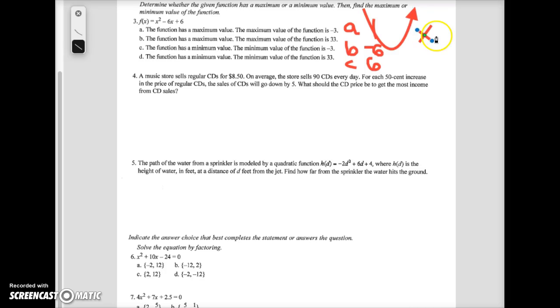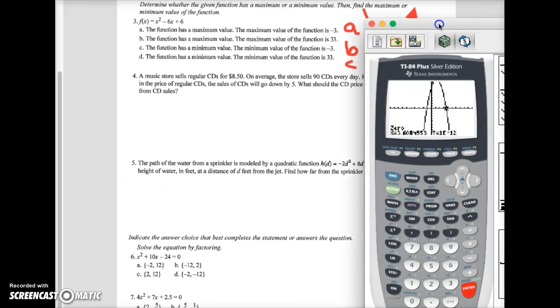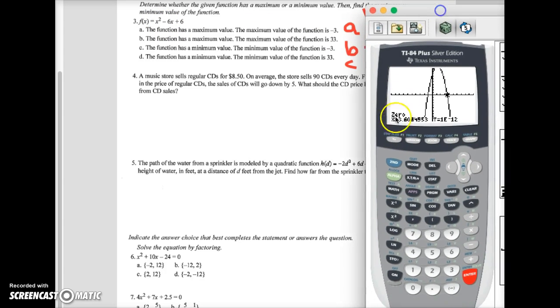Your x value is going to be, let's see, negative b would be the opposite of negative 6, so positive 6 divided by 2 times 1. 6 divided by 2 is 3. So x is 3. And then to find the minimum value, what we need to do is take 3 and plug it in the equation. So I'm going to come back over here to the calculator, go back to the main screen, and plug in 3 in this equation.